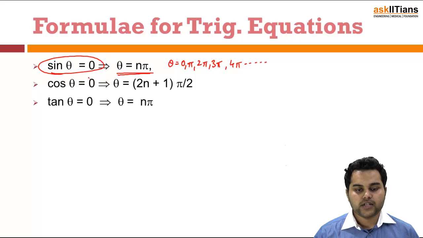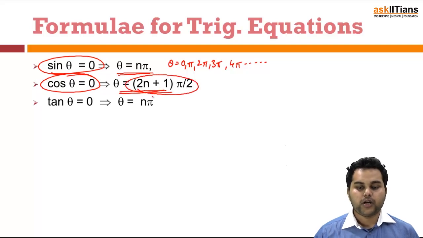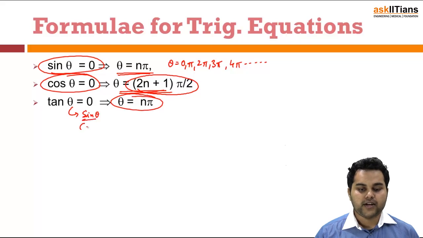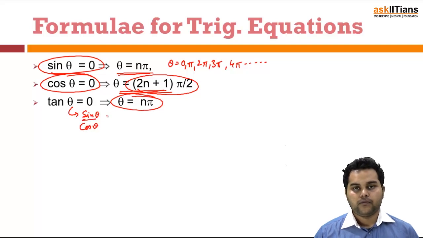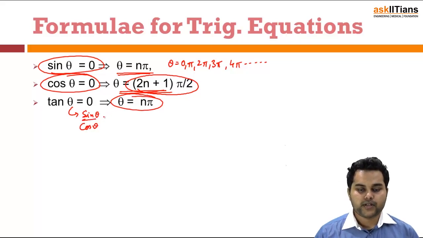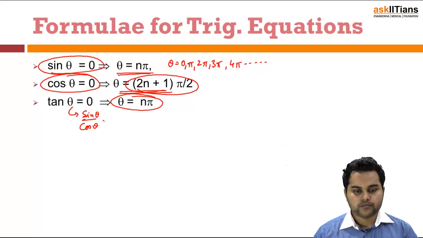If I consider cos theta is equal to 0, I would get odd multiples of pi by 2, hence this would be the solution set (2n plus 1) pi by 2, as in the first circle, cos theta is equal to 0 at theta is equal to pi by 2 and 3 pi by 2. In the case of tan, the same solution would be contained as in the case of sine, because tan is itself sin theta over cos theta, and if I get the numerator as 0, then tan theta itself is equal to 0.